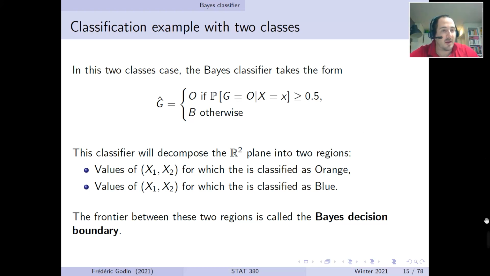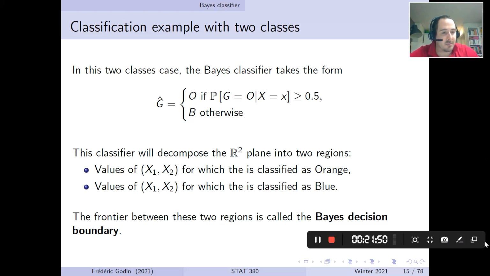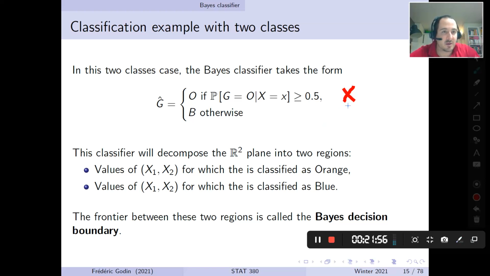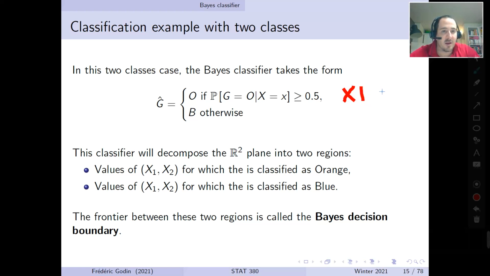So the simulation scheme provided the distribution of predictors, which was multivariate normal, given the class. But what we need here to determine the Bayes classifier is the inverse distribution, the distribution of the class given X.